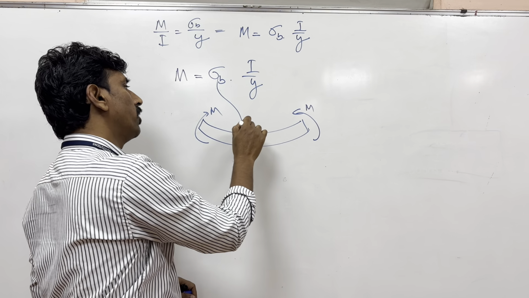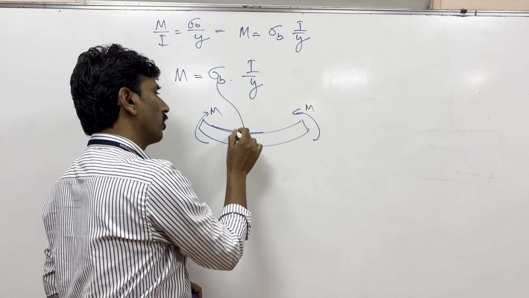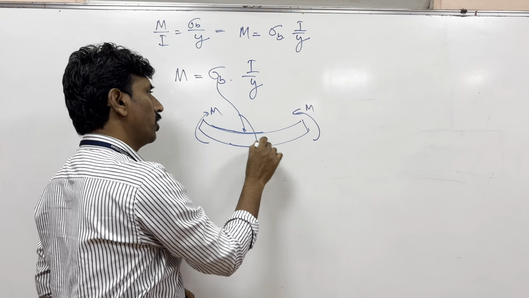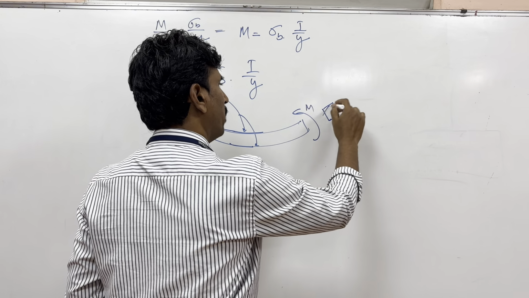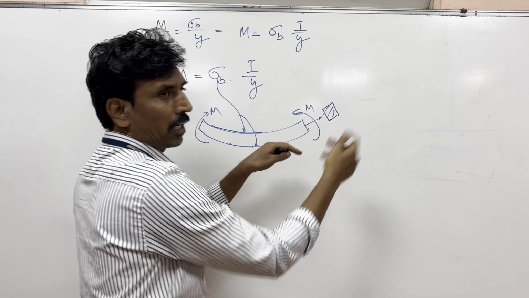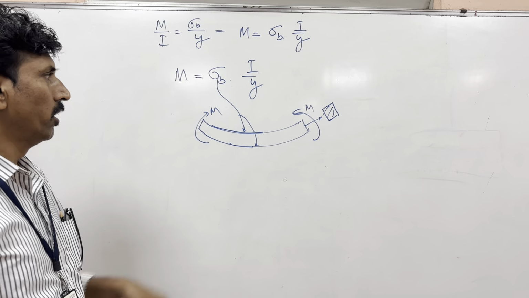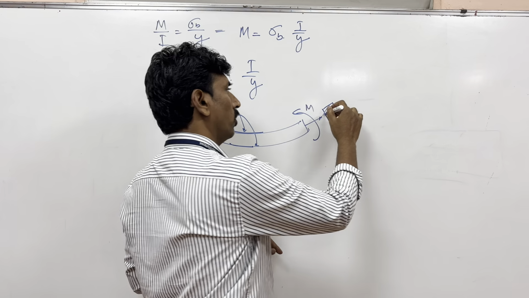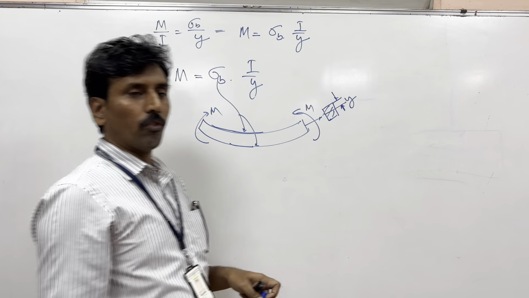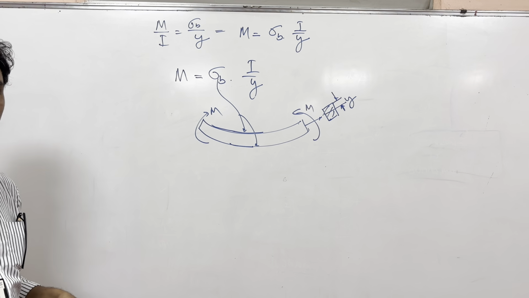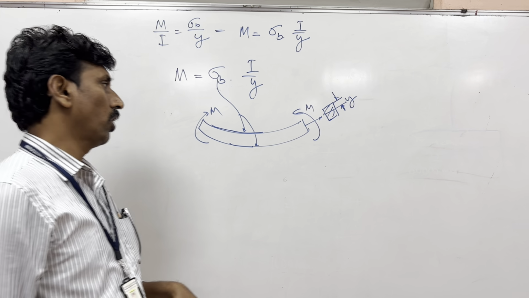Sigma B will be the stress in the extreme fibers, either this or this, and I refers to the type of beam, whether it is rectangular or something like this, looking from the end. And Y refers to what? The distance from the neutral fiber to the extreme fiber.